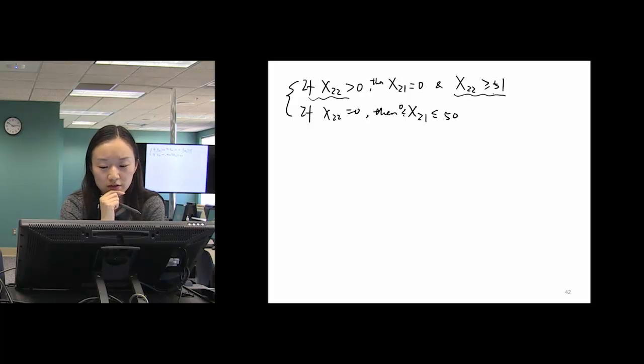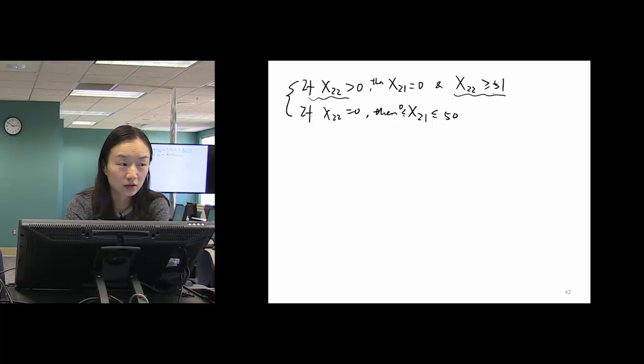If x22 is greater than 0, x22 needs to be greater than or equal to 51. So what's the constraint on this one? Greater than or equal to, less than or equal to, times the y, right?